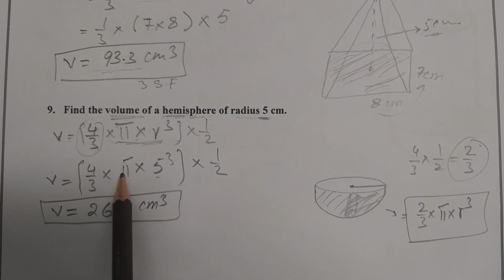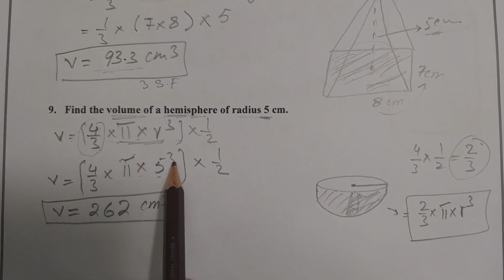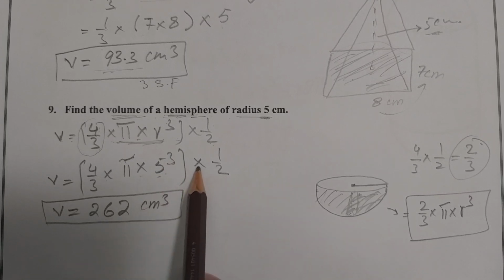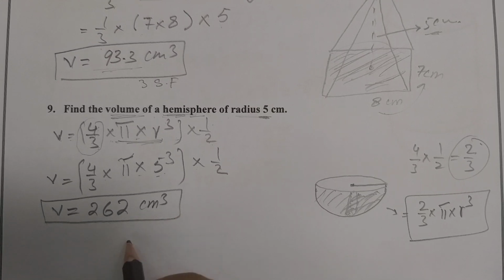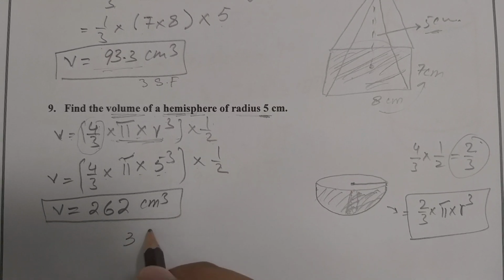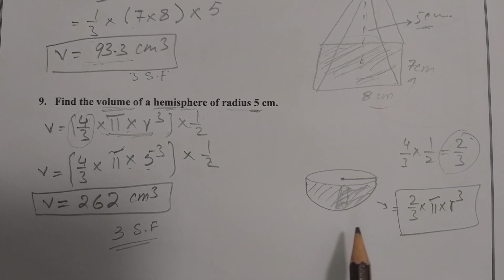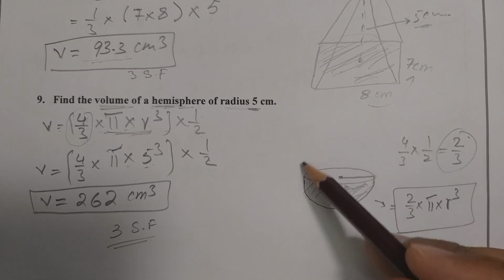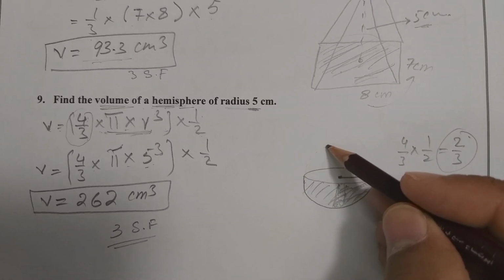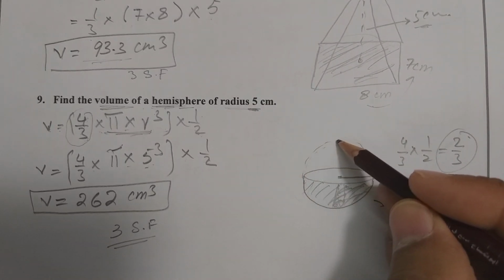4 over 3 times pi times 5 cubed, then multiply by half, and you will get the answer 262 cubic centimeters. This is also 3 significant figures. We know this is the hemisphere. If we complete this shape, it becomes like this, and this is the sphere.